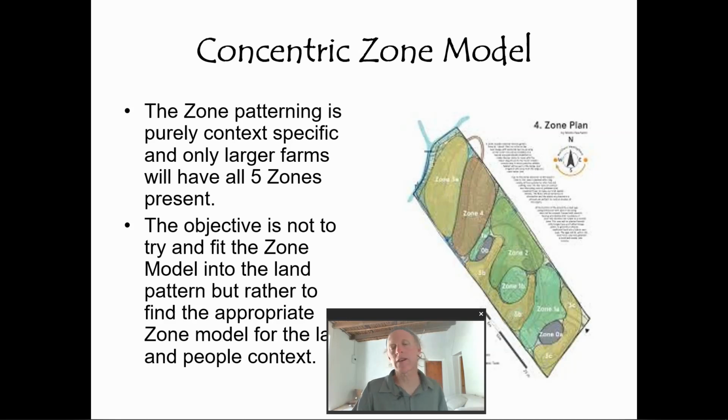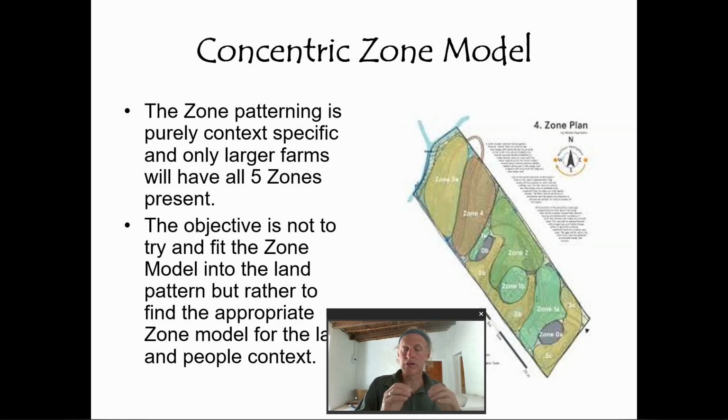Okay, and the reason that they are defined apart is that the function of the land use is different in each zone 3. And once we go a bit further into this presentation, we'll understand why that is. Okay, because the elements and systems that go in zone 3 are quite different. So you'll have a woodlot silvopasture system integrating timber and cattle, and in another instance you will have open grazing.